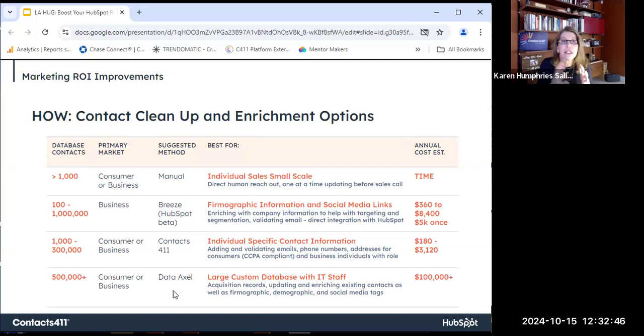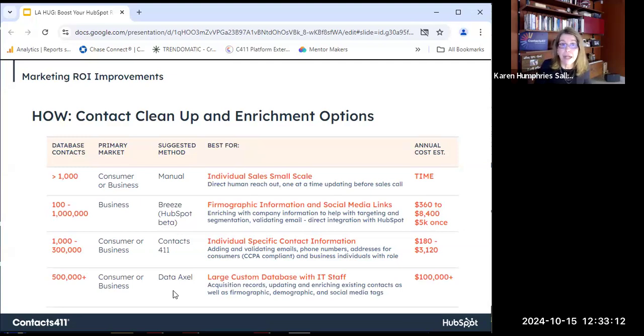So look, somewhere between 500 and 1,000, the only thing it's going to cost you if you do it manually, whether it's consumer or business, is time. It's direct human reach out. It's going into LinkedIn. It's Googling and updating. There are things that you can do there, paying sort of one at a time.